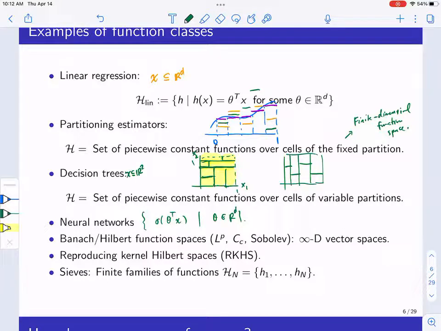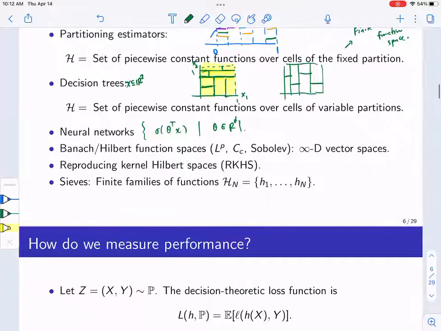So if I define a basis for, for example, L2, I could pick a basis. These functions are my basis. And then I can write any function in L2 as the sum of theta_j times phi_j(x), j from 1 to infinity.